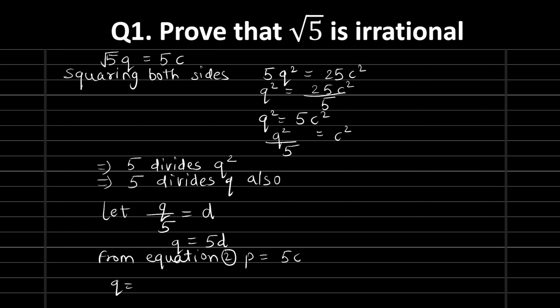Since q is equals to 5d and p is equals to 5c, what can we say? 5 is a common factor in both of them, p and q. But our assumption said that p and q are co-primes, which means the HCF, the highest common factor of p and q, should be 1. Right?